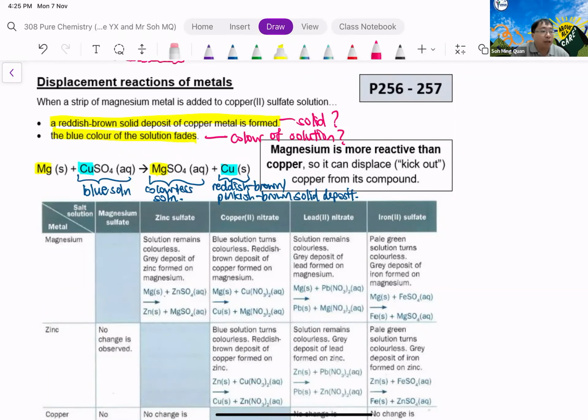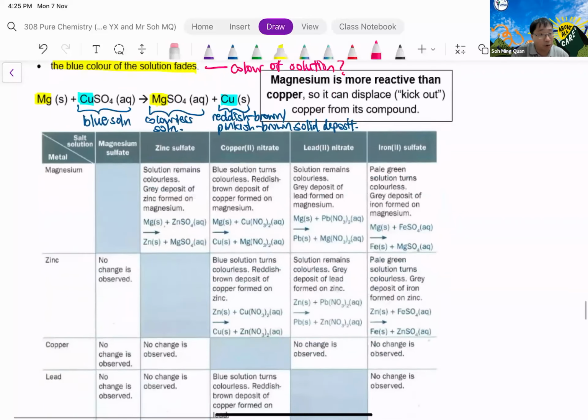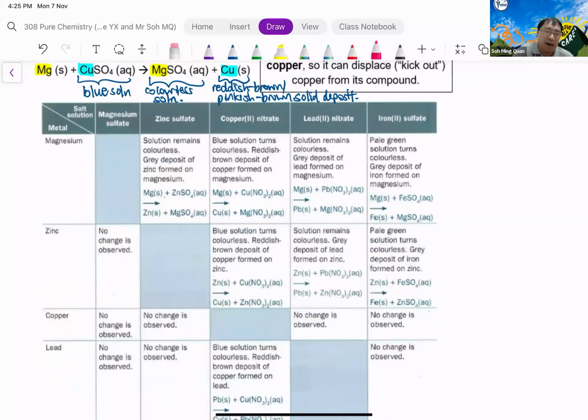So let's go through the table at the bottom, which is actually from the textbook. It looks very overwhelming, but it's really not so bad. The way to do this is to read row by row. So we go to the first row first, magnesium. If I put magnesium metal into zinc sulfate, you can ask yourself, does magnesium displace zinc?